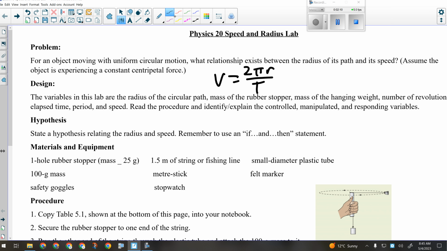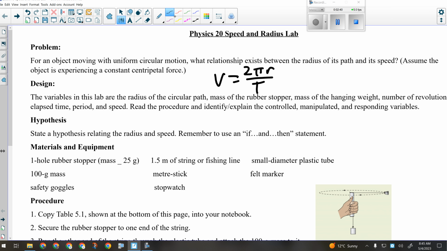So we kind of have more than one responding variable in this lab. We're directly measuring one thing, but we're using it to calculate another thing. So two things are changing. Now, we have to think about what other things could affect the speed of the rubber stopper as it moves around in the circle, because those things need to be controlled.